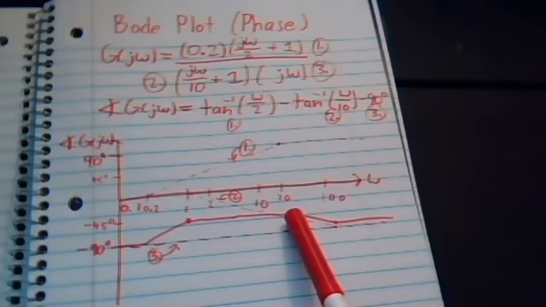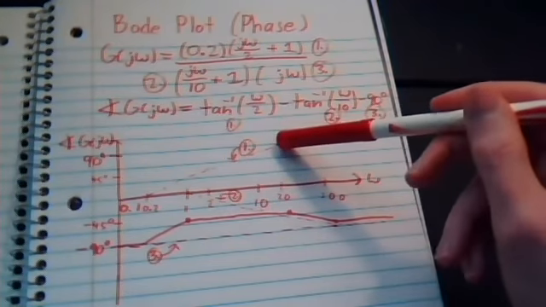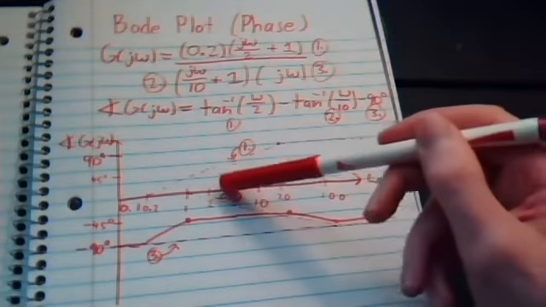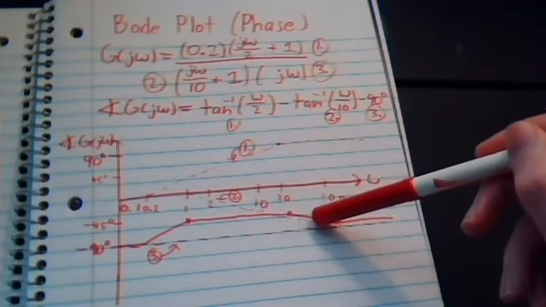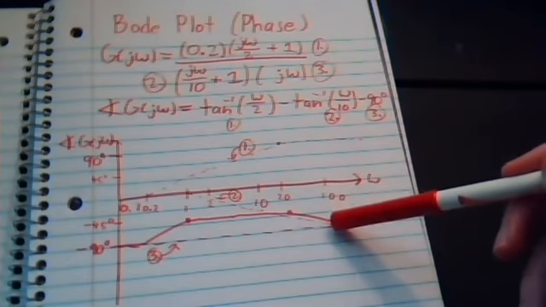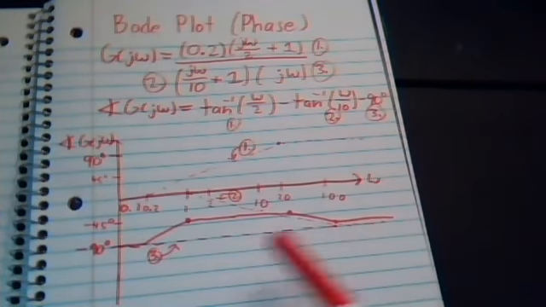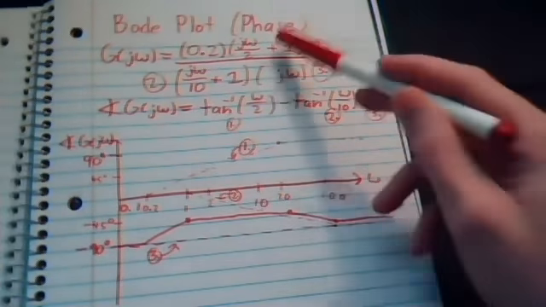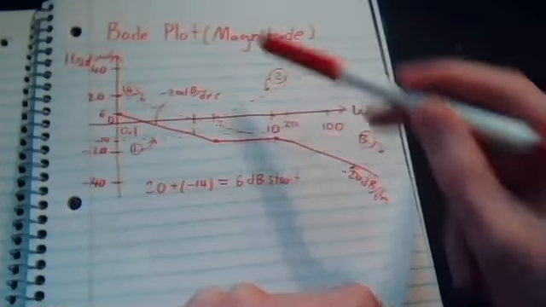And the first change is going to occur at 20, where this component has ended. And because that's ended and this negative component is still active, this will be a negative slope once again until that ends at 100. And then it's a straight line. So this resulting solid line is the overall phase. And you combine that phase with the magnitude plot, and you have your Bode plot.